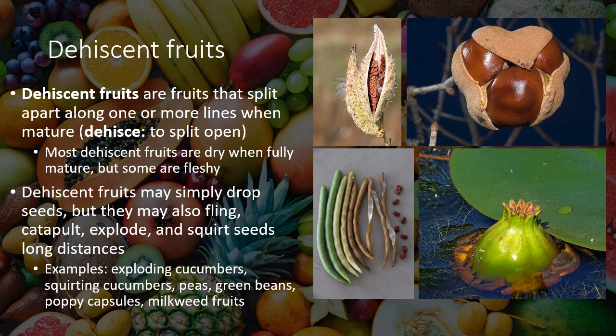One plant I wanted to talk about on this slide is the plant in the bottom right-hand side. This is the yellow water lily, Nuphar lutea, and it's also called brandy bottle due to the shape of the ovary or the fruit, and it's also called spatterdock because of its behavior when it disperses its seeds.